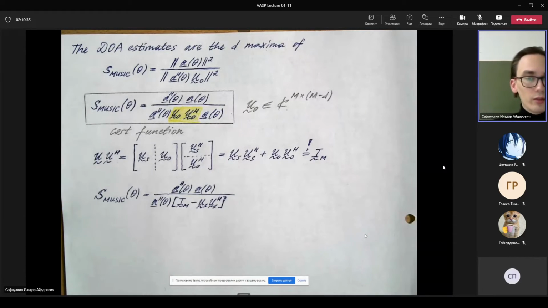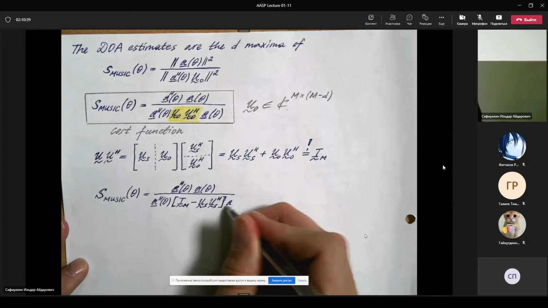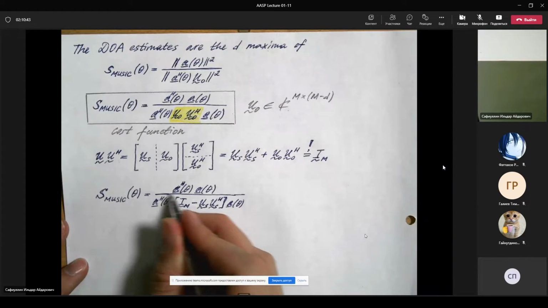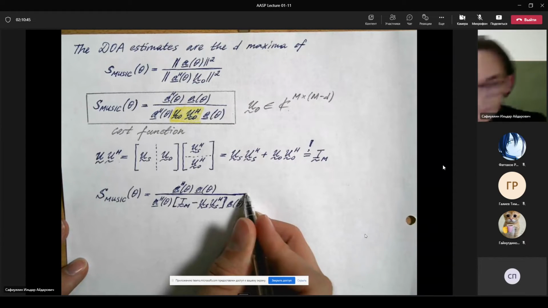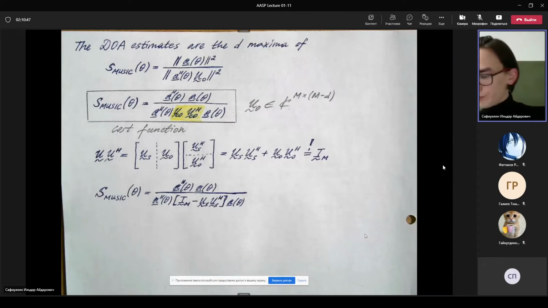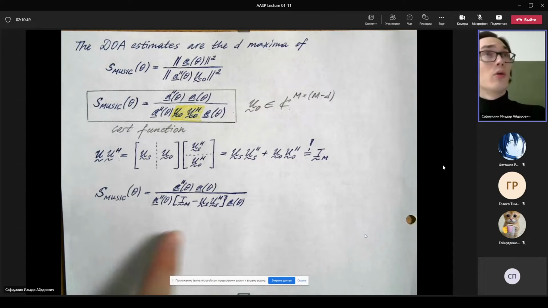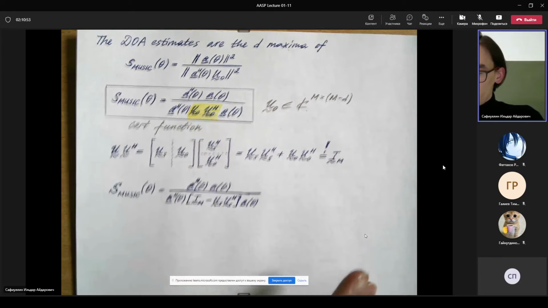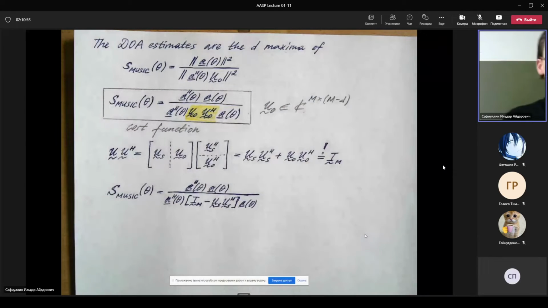And we need to end all these things with A of theta. I will also indicate with yellow this part to show the connection between these two equations.